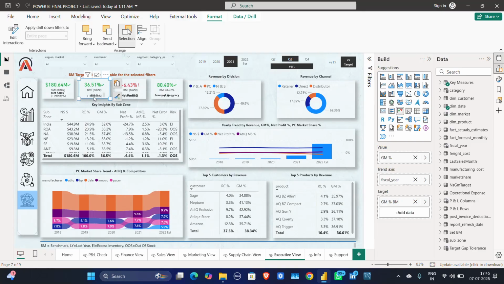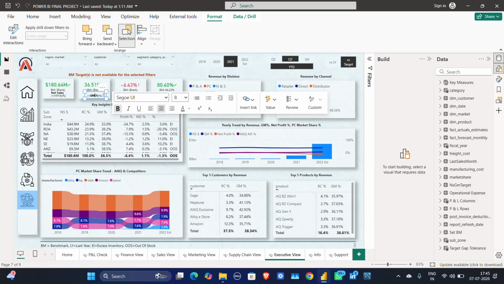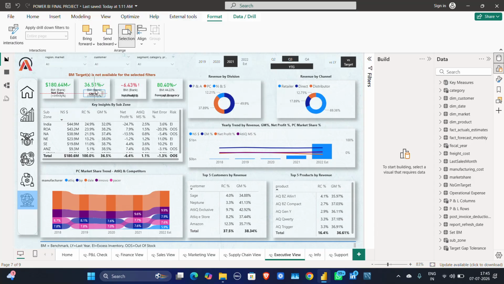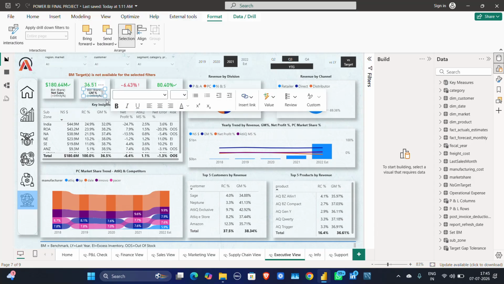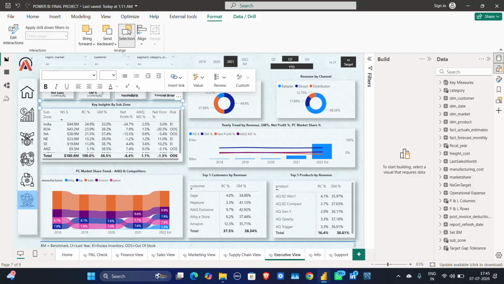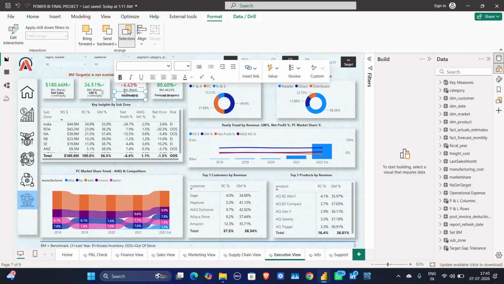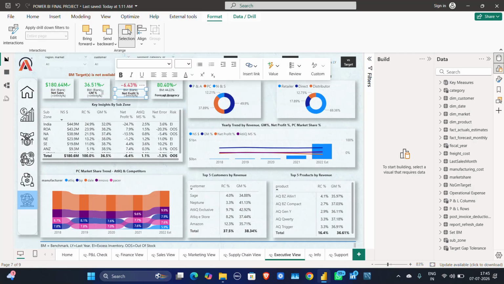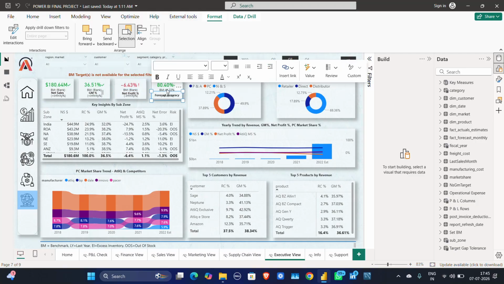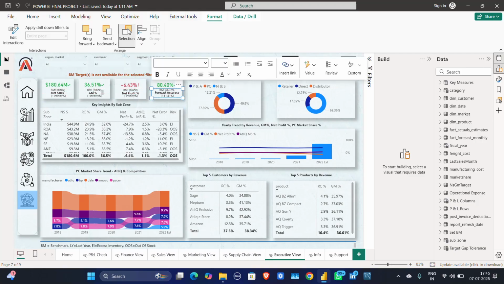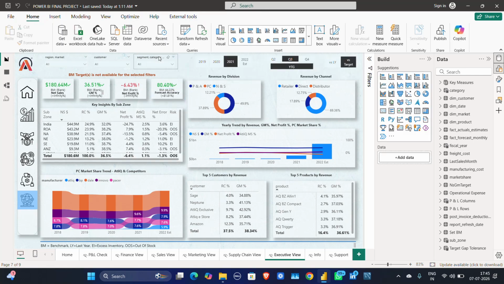Somehow it's not visible here. Now it's visible.